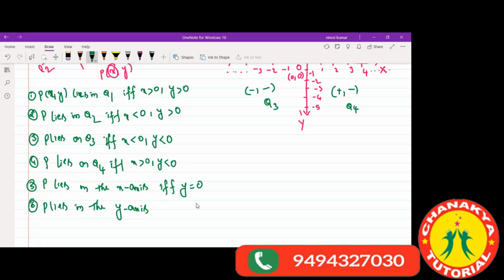P lies on the y-axis if and only if the x value is 0. Suppose P equals 0, meaning the x value is 0 and the y value is 0. That means the origin. Origin it is. That's it.